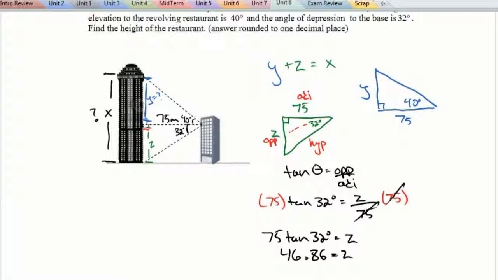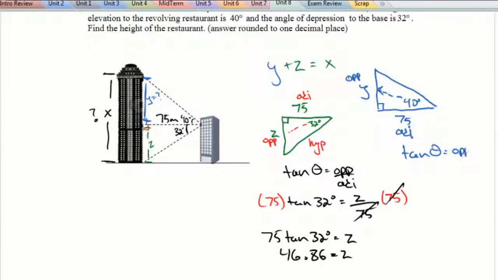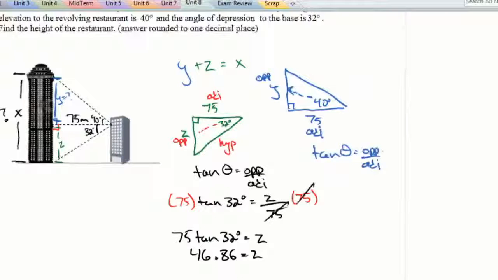The second part is the blue part here. This is the opposite side. This is the adjacent side. Again, I'm dealing with the tangent of my angle is the opposite divided by the adjacent. In this case, my angle is now 40 degrees. The opposite I'm calling y, and the adjacent is 75. The exact same process I just went through.